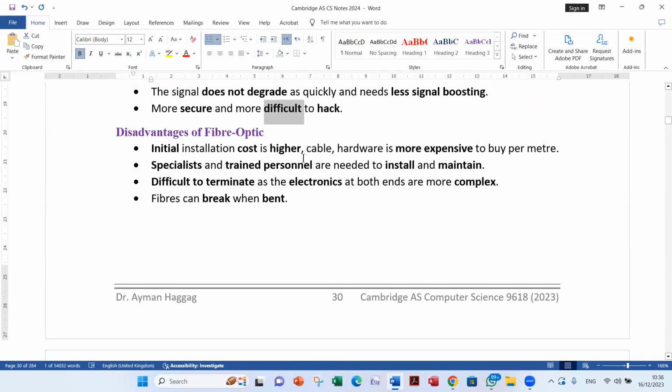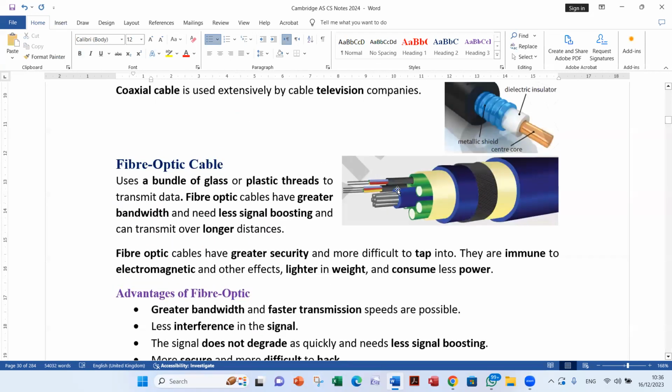Disadvantages of fiber optic: initial installation cost is very high. Cable hardware is more expensive to buy per meter. Specialists and trained personnel are needed to install and maintain. Difficult to terminate as the electromagnetics at both ends are very complex. Is more difficult to terminate. What is meant by terminating?